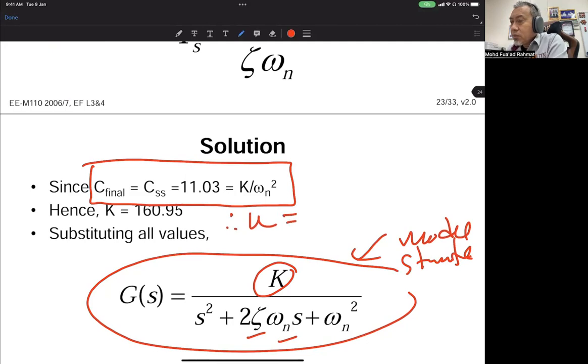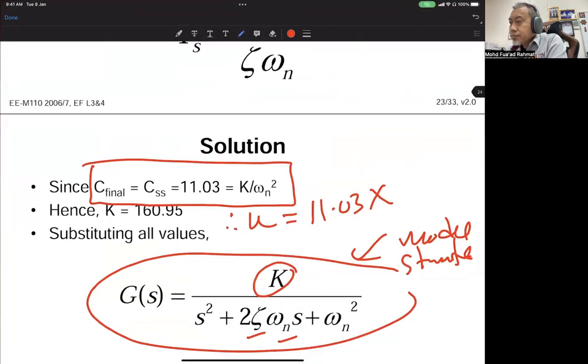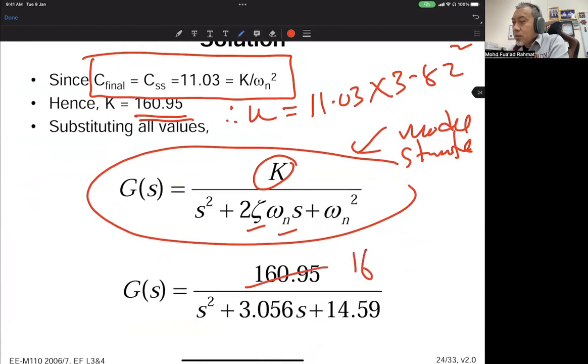So k is equal to 11.03 multiplied by 3.82 square, so you will get 161. So this one is 161, this one is 3.1, and this one is considered as 14.6.